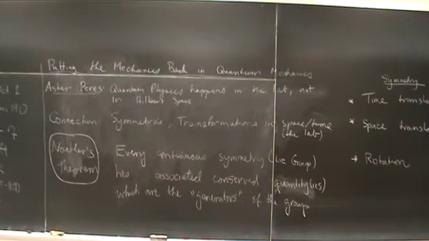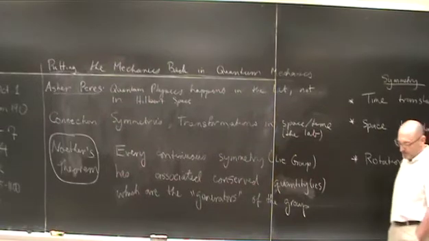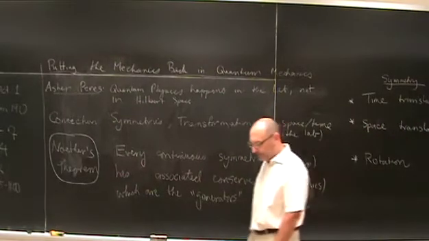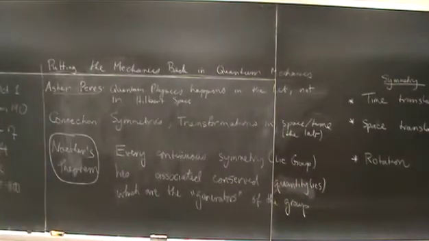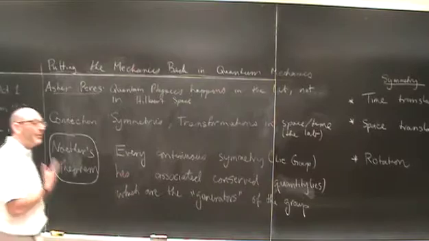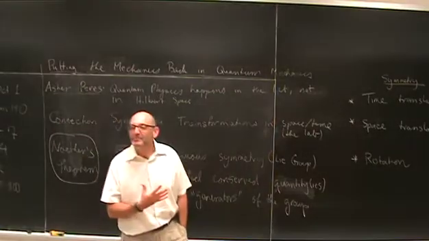Associated to every one of those symmetries, so-called continuous symmetries, that's to say they're described by Lie groups, and we'll roughly explain what that means, is a conserved physical quantity. We have conserved quantities in the world because there are symmetries.